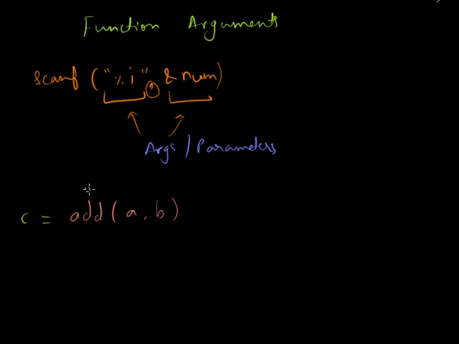So add a comma b will return, and that will be assigned to c. This is a function call, and whenever this add is called, it will return something on doing some operation, and that returned value would be an integer. You will define or declare such a type of function.